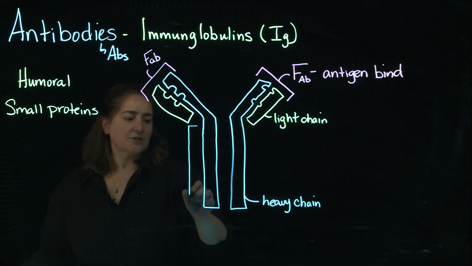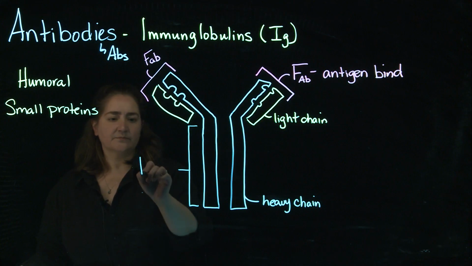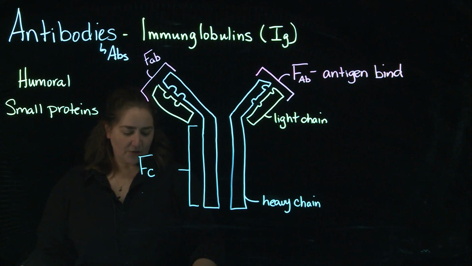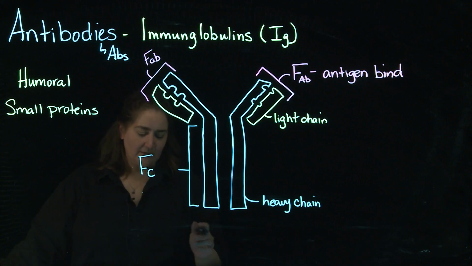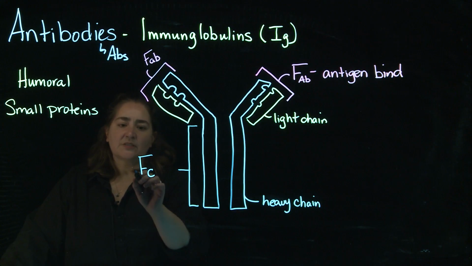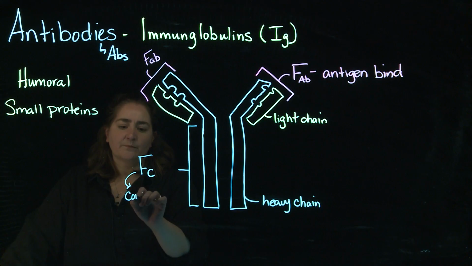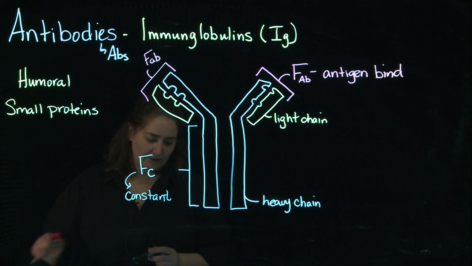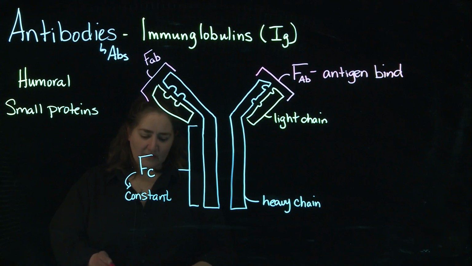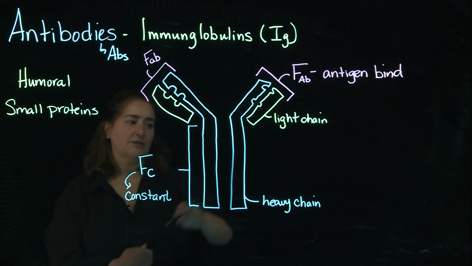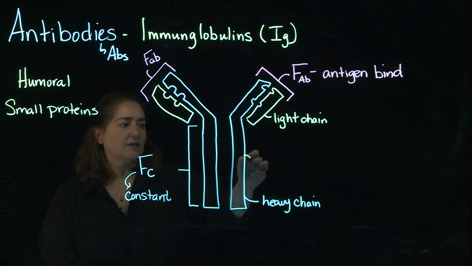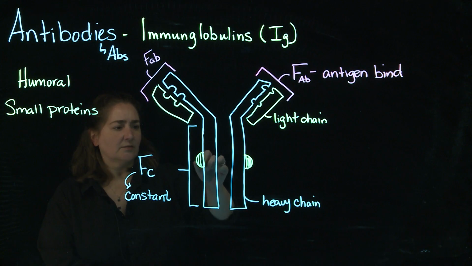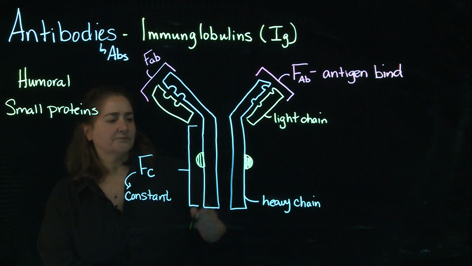You've also got the region in blue here, which is known as FC. A lot of times you'll see this referred to as a constant region. I'm going to put a little blip in green over here, and a little blip in green over here.